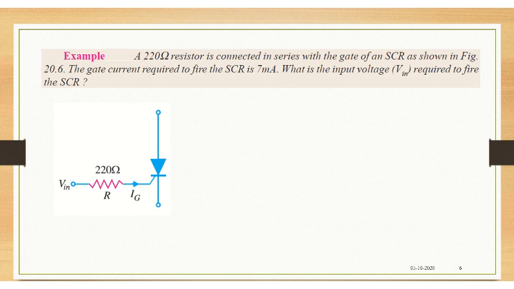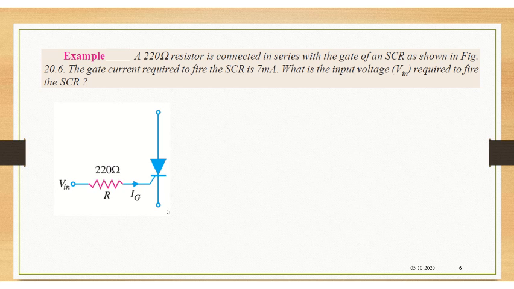VG. Now, if you recall, to turn this on, the minimum voltage applied to this PN junction, that is across gate and cathode, would be 0.7, according to the silicon type of PN junction.